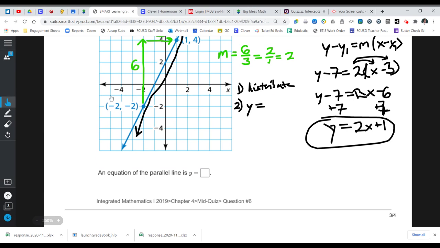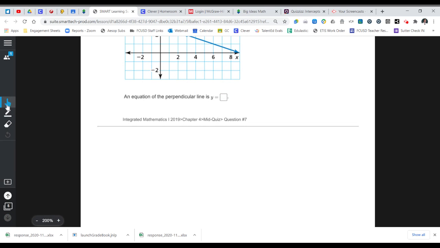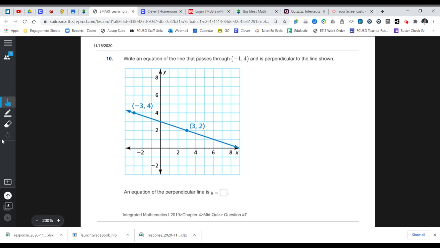The final problem is very similar to the last two. The only difference is they ask us about a perpendicular line. And so our lesson on Thursday, Friday of last week was about perpendicular lines.